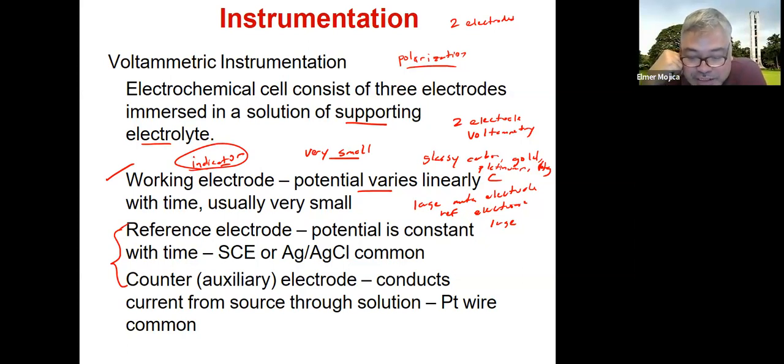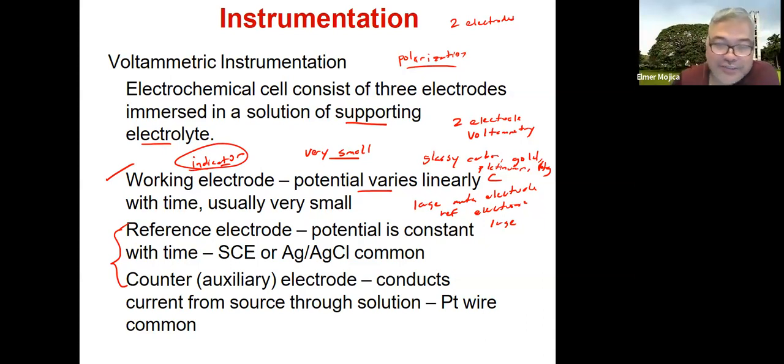Now, the reference electrode is the electrode that has the same function as in potentiometry. This is the one that has a stable and well-known potential. So it provides the reference potential to the working electrode and the counter electrode.